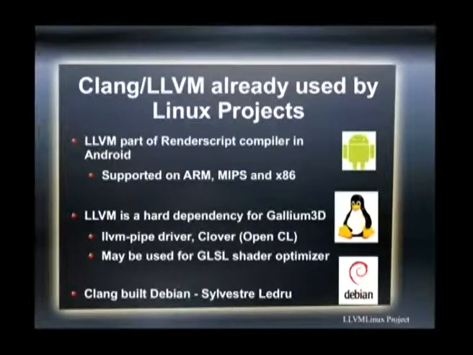And there is also a full build of Debian with Clang. Tomorrow, Sylvestre will have his talk, and he will talk about this in more detail. So that's where Clang is already in use. There's also a FreeBSD port, and Minix 3 is using it. So that's quite interesting.